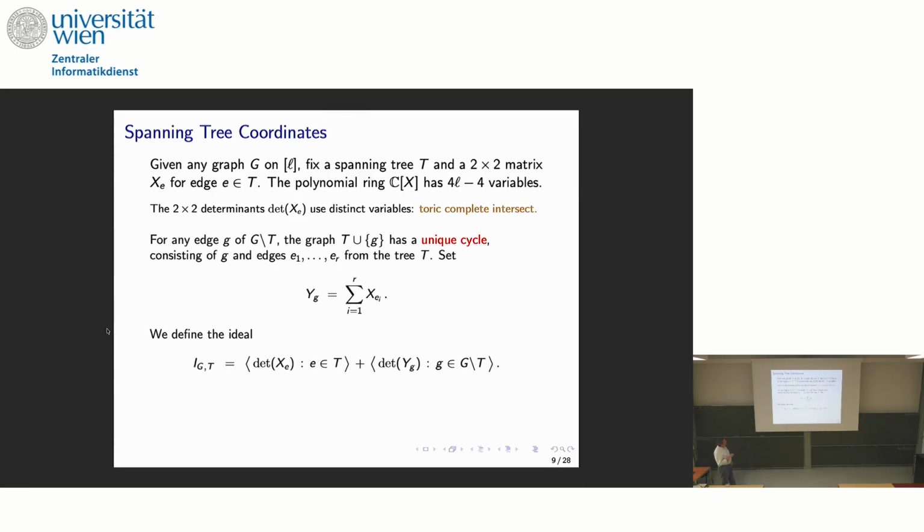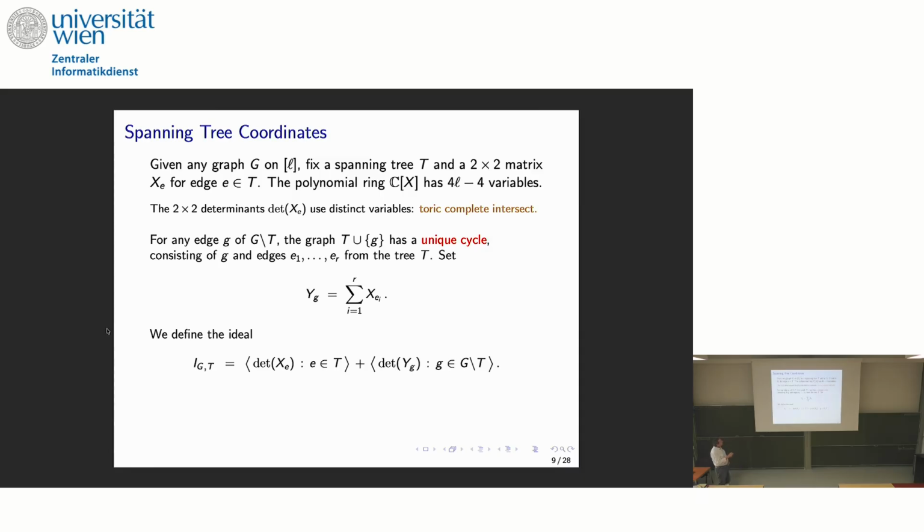Okay, so now the graph itself is not a tree. Let's look at an edge that's in the graph but not in the spanning tree. And as you know, for example, from the second semantic polynomial or a million other contexts, the tree plus this extra edge has a unique cycle. And that unique cycle contains G and a subset of the edges from the tree.